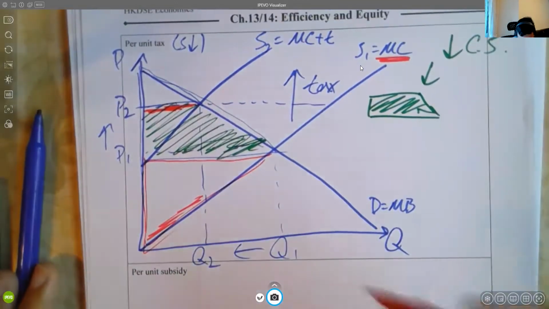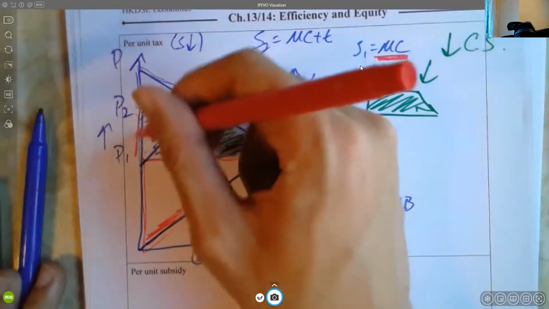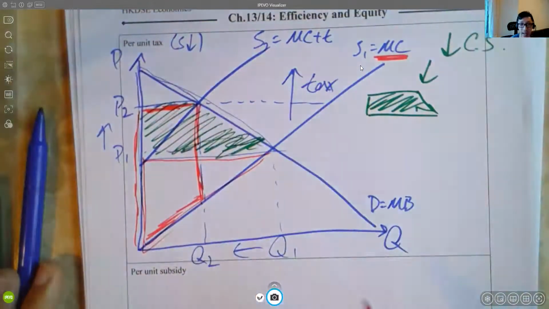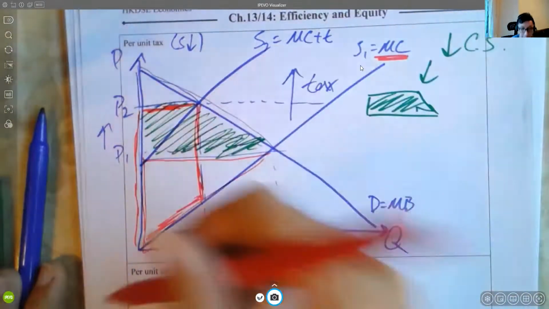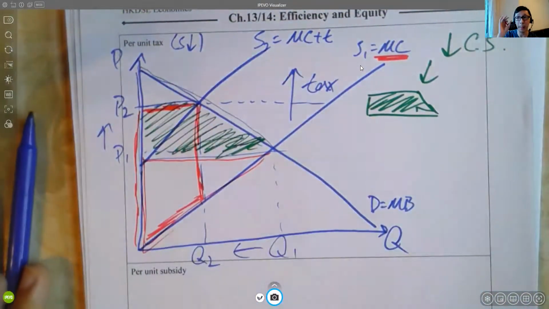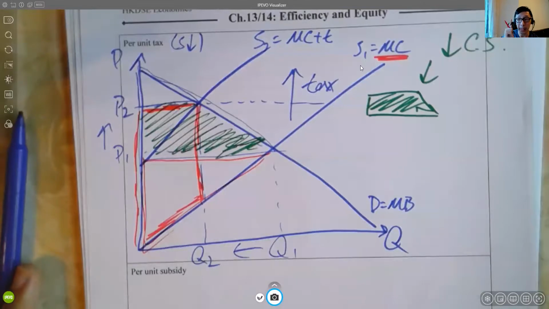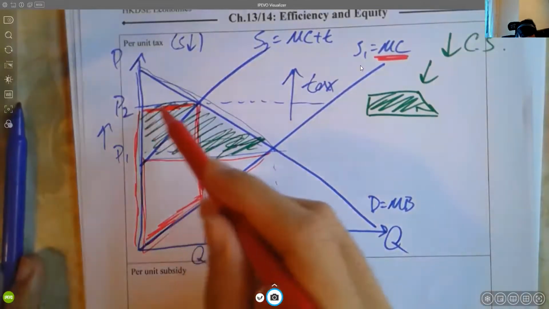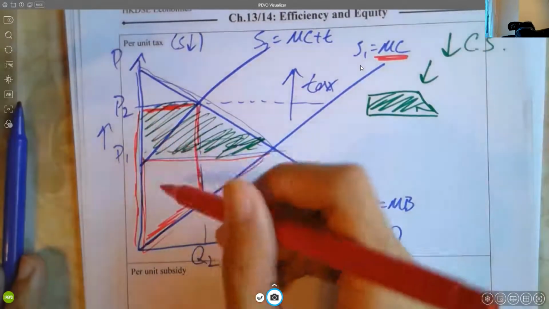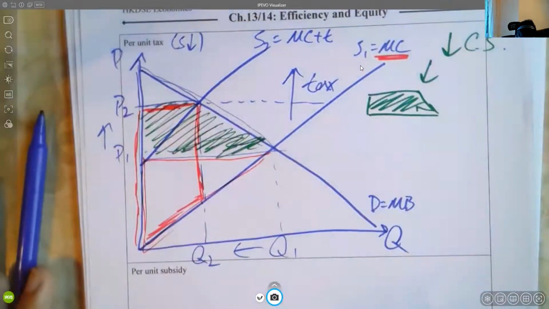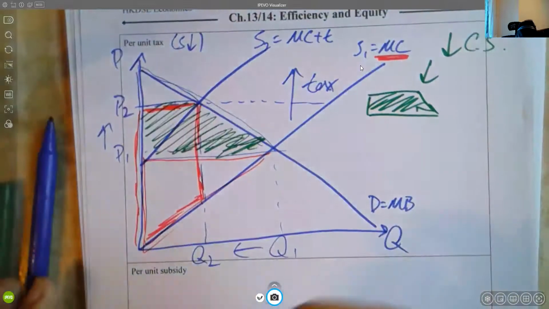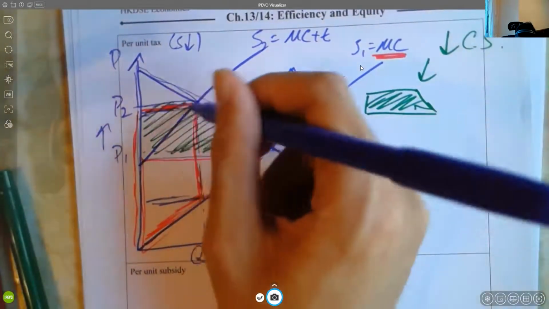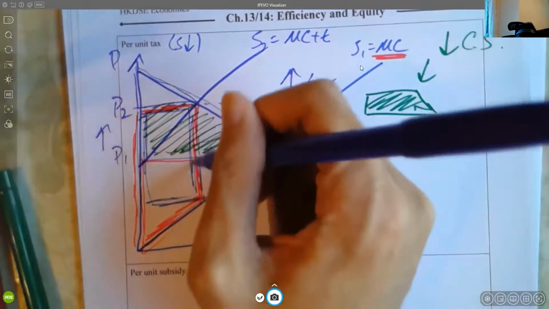Therefore, the new producer surplus before tax is this trapezium. This is before tax. But remember, this part, can you get this part? Let me highlight it first. For this part, can you get it?